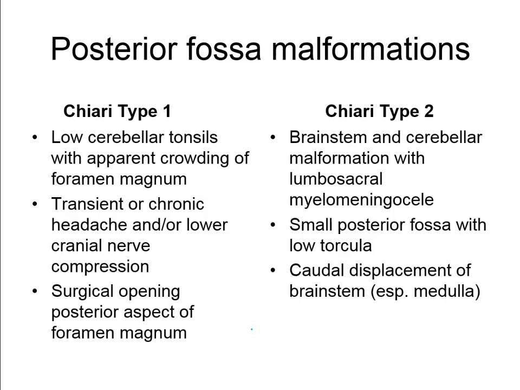If they are low, where will they end up displaced to? Into the foramen magnum. What happens if you put too much tissue in the foramen magnum? In addition to the cervicomedullary junction going through the foramen magnum, tell me 2 other things that go through there. Yeah, so cranial nerve 11. Back to the very first lecture.